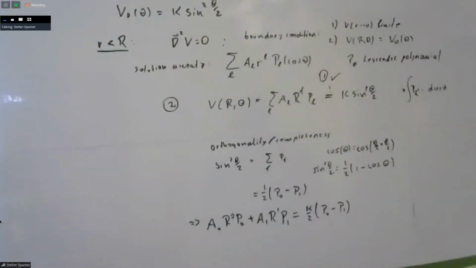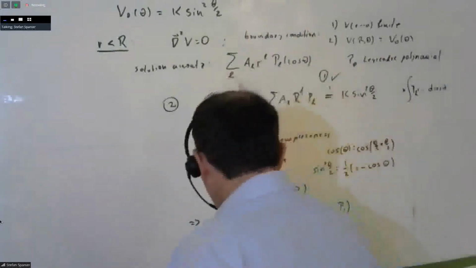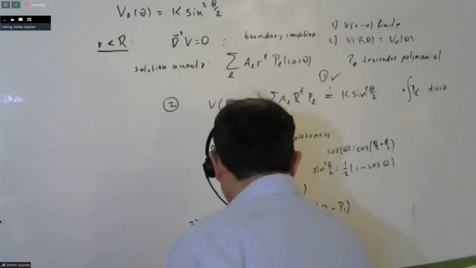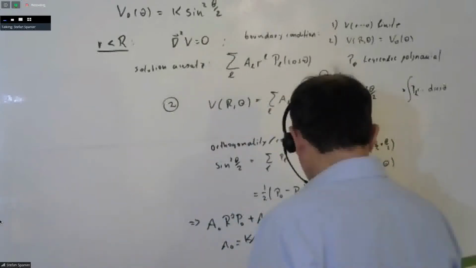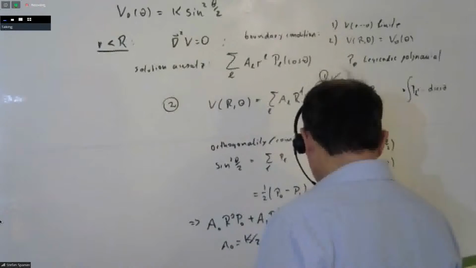And now I can solve this. This means A0 is K over 2. And A1, that's just minus K over 2R.